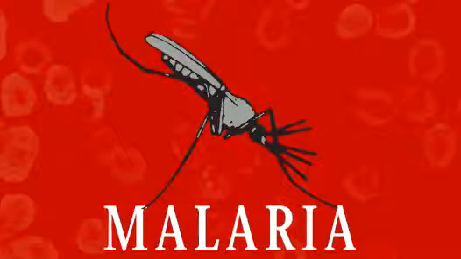Pretty soon, humans began to evolve and be able to adapt to malaria. And the first thing that humans did to evolve to malaria was they had this gene. It's called the HBB gene.